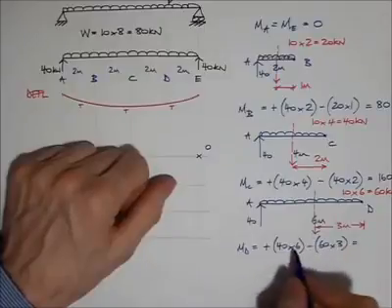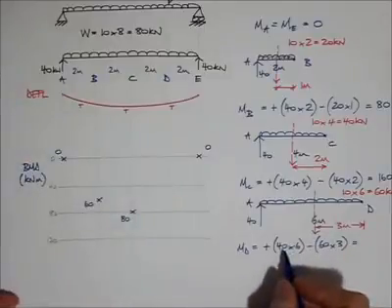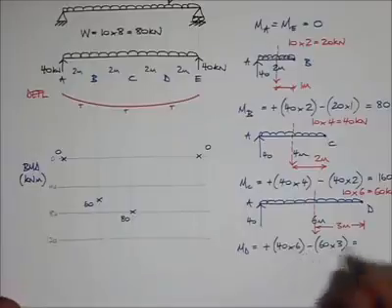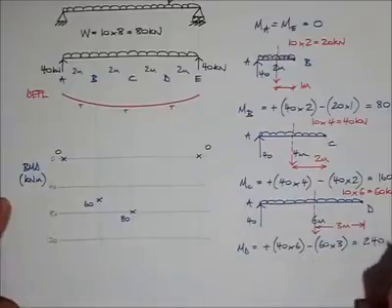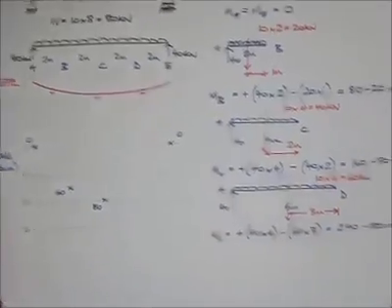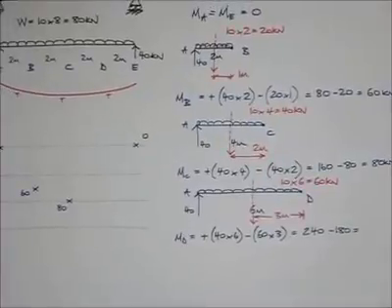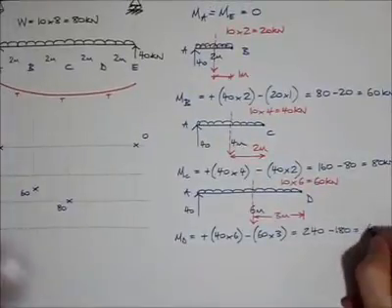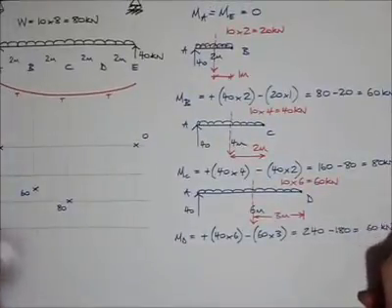And so the whole thing adds up to 6 40s are 240, and 3 60s are 180, equals, what does that add up to? That adds up to 60 kilonewton meters.